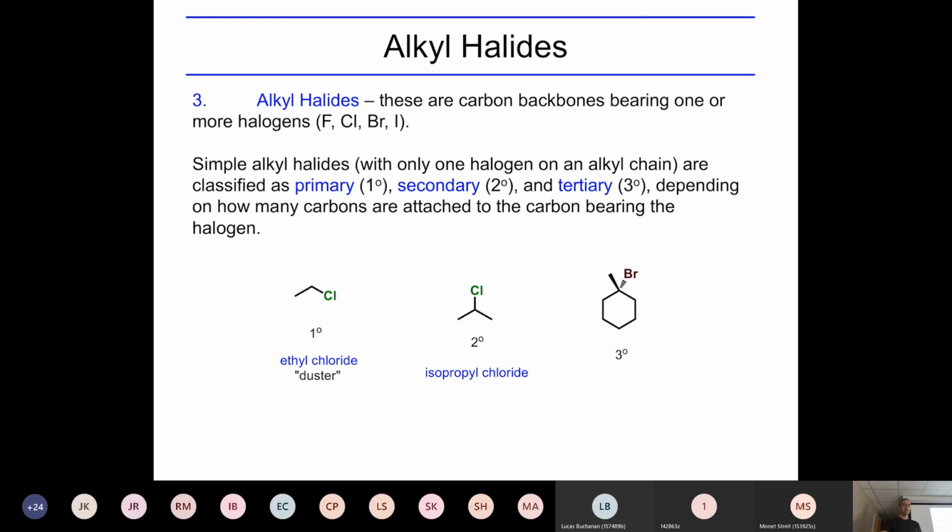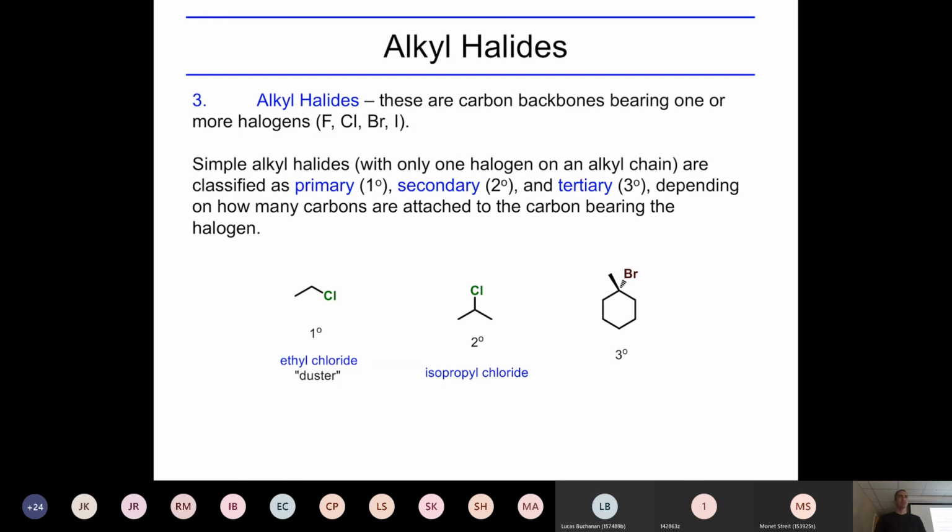So what's the top element in column 17 of the periodic table? Fluorine, yeah, and then chlorine, then bromine, then iodine, and then nobody knows after that. Astatine is the next one.